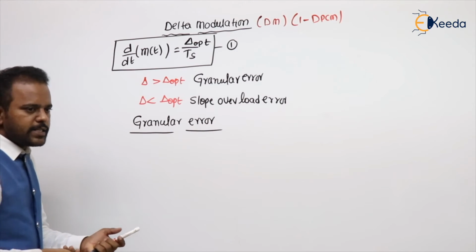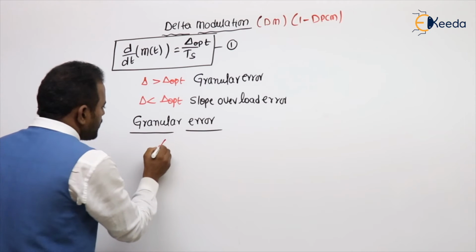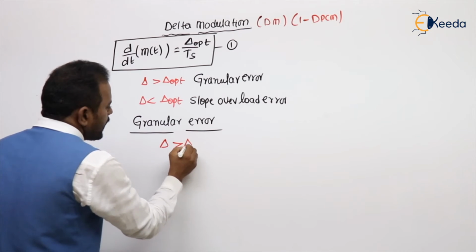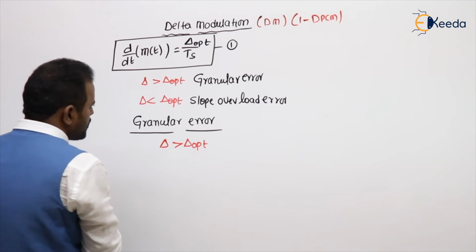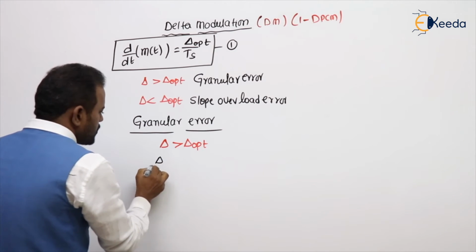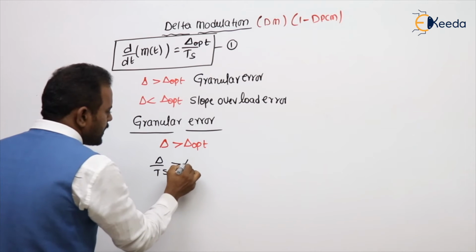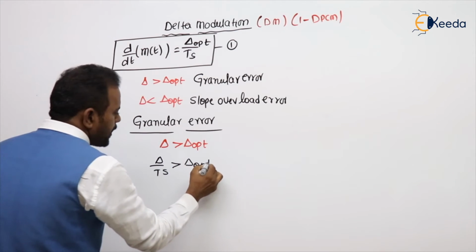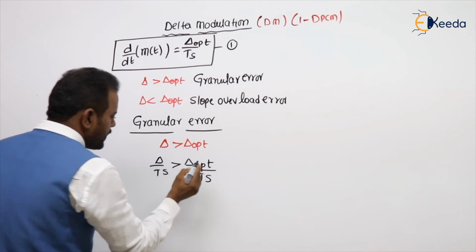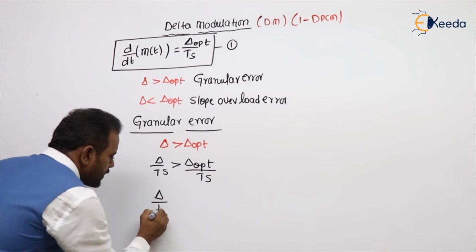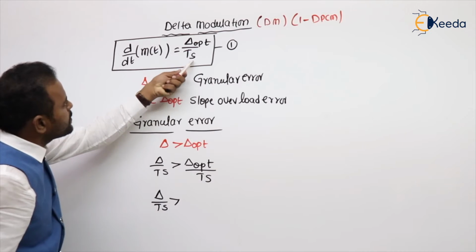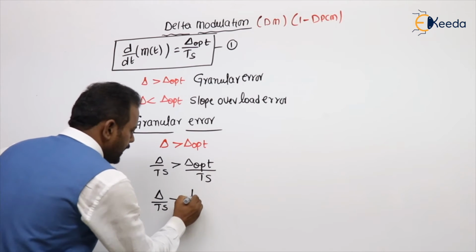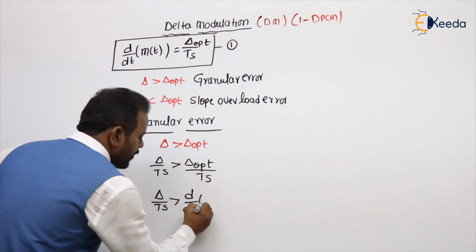When is granular error coming, sir? Whenever the chosen value of delta is greater than delta optimum. Divide both sides by Ts. So delta by Ts is greater than delta optimum by Ts, which means greater than d by dt of m of t.